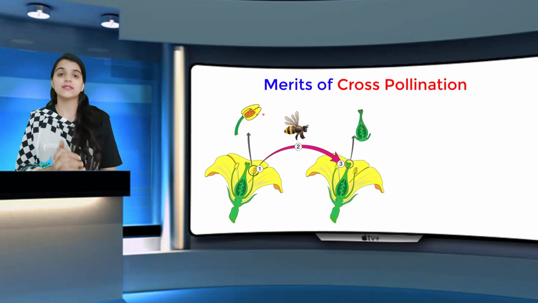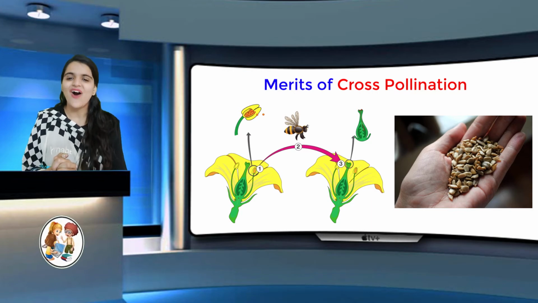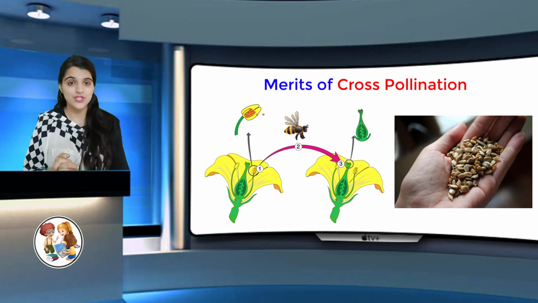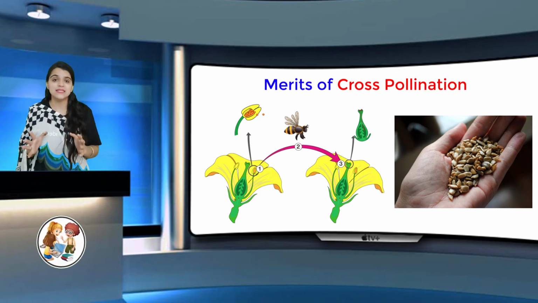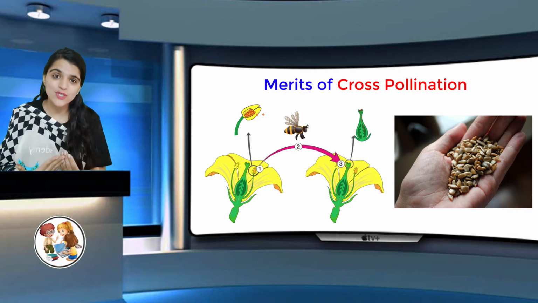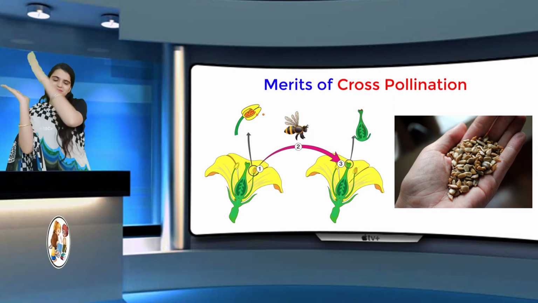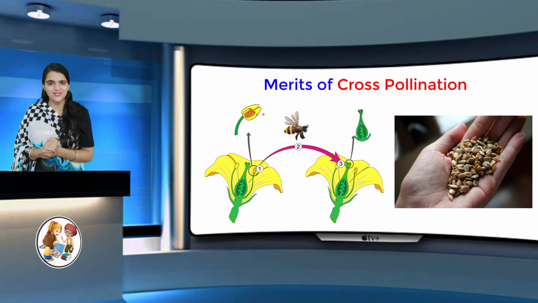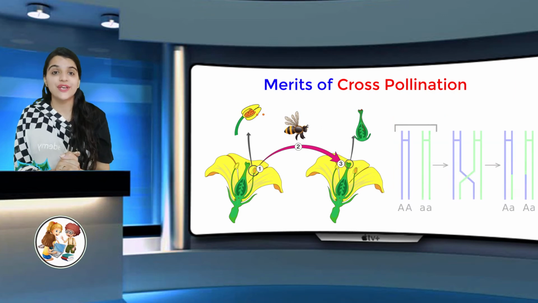Everything in biology has some advantages and some disadvantages. Coming to the merits of cross pollination, first of all, the seeds are very good in vigor and vitality. All unisexual plants can be produced through cross pollination. The recessive characters in the lineage are eliminated as a result of genetic recombination. As you know, in cross pollination there are definitely chances of variation, because distance is involved and the plants are different.